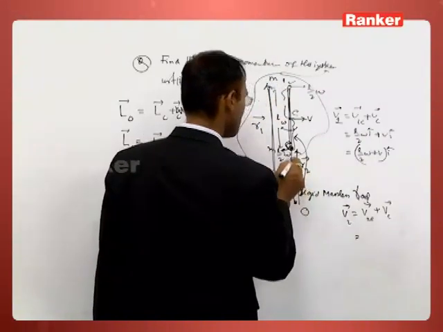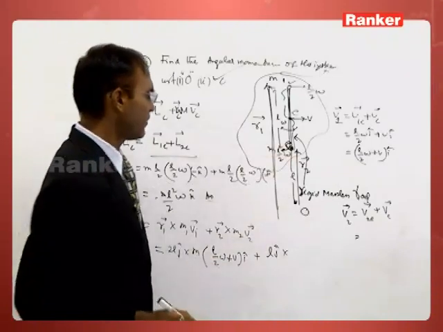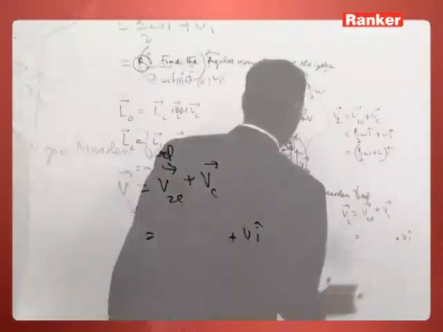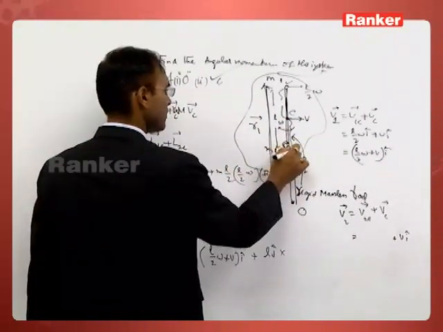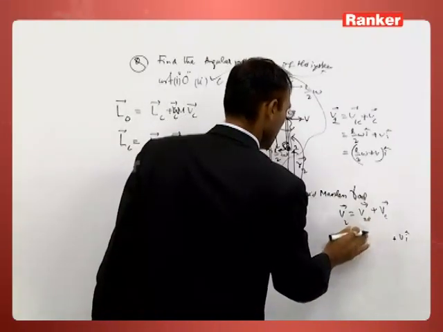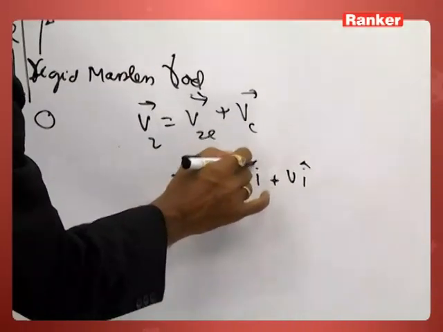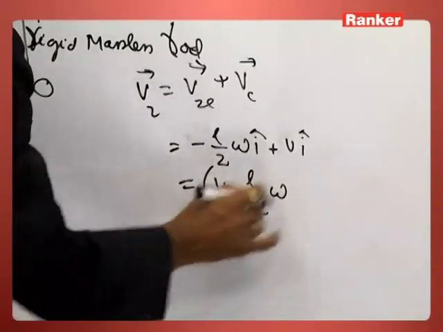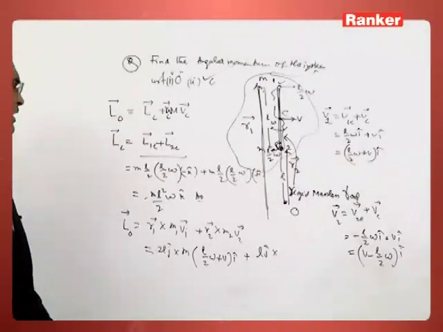The center of mass moves with velocity V, therefore Vc is equal to V i cap. And with respect to the center of mass, the second particle moves back, therefore its velocity is L by 2 into omega in the negative i direction. Velocity of the second particle is equal to V minus L by 2 omega.